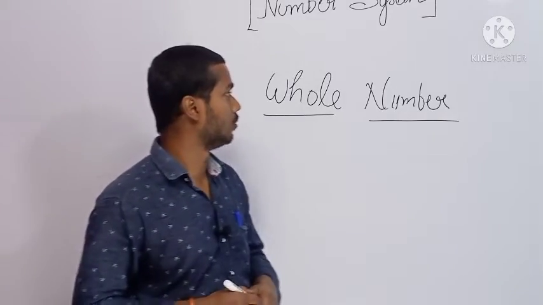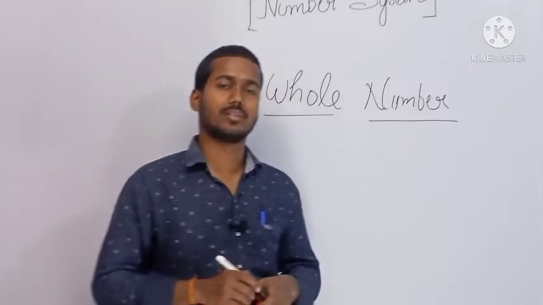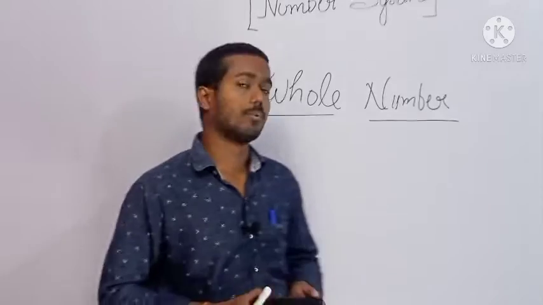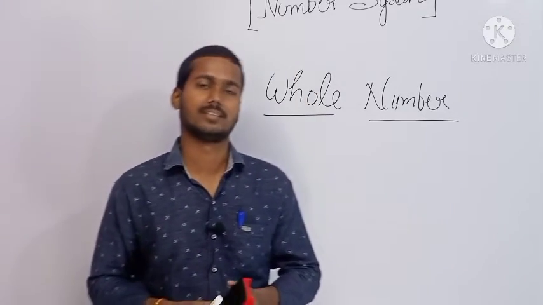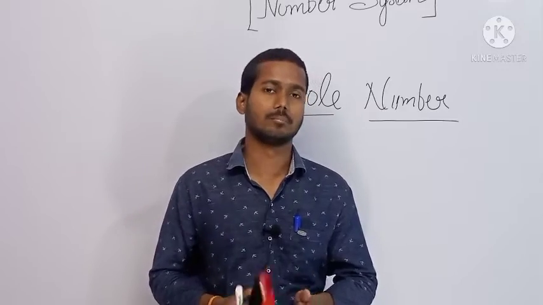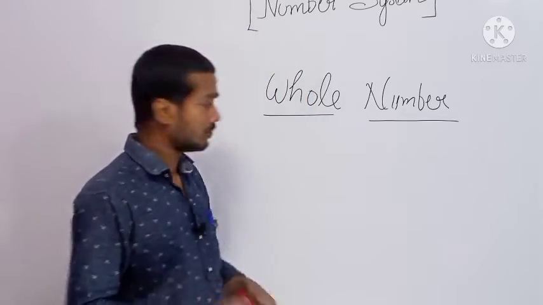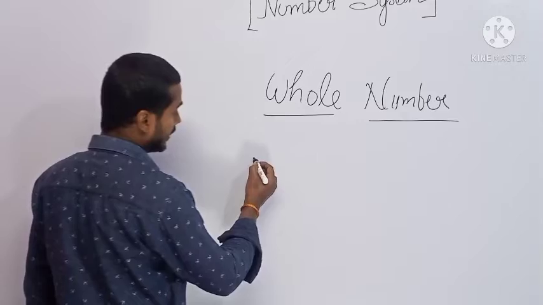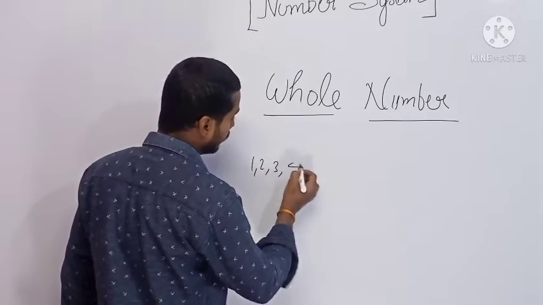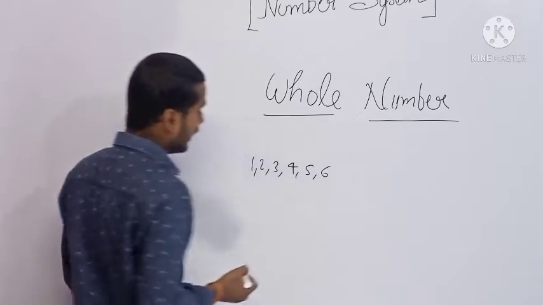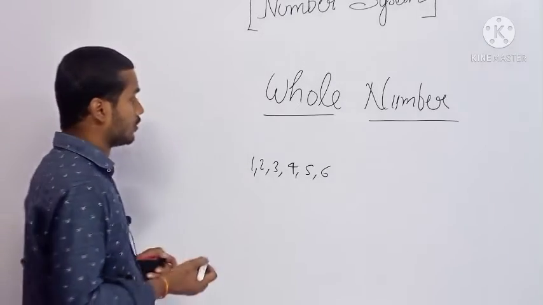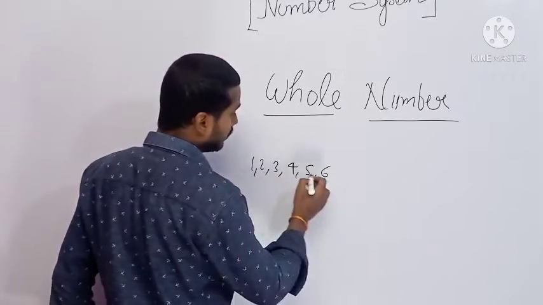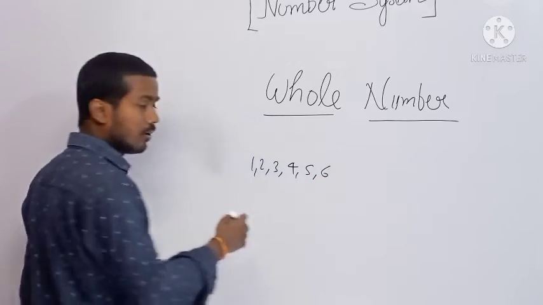As you all know, natural numbers are all the positive integers, or the counting numbers themselves. But natural numbers start from 1, 2, 3, 4, 5, 6. They always start from 1. So is it possible that 1, 2, 3, 4, 5, 6 can complete all the numbers?